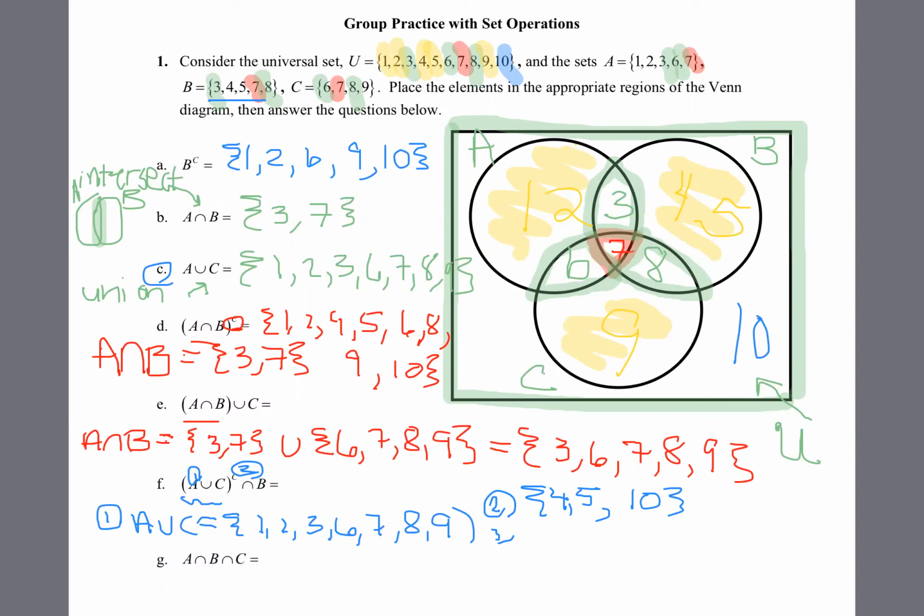And then for part 3, we now take our 4, 5, 10 and intersect it with B, which was 3, 4, 5, 7, 8. And intersect means only what they have in common, which is the 4 and the 5. So this answer becomes 4, 5.